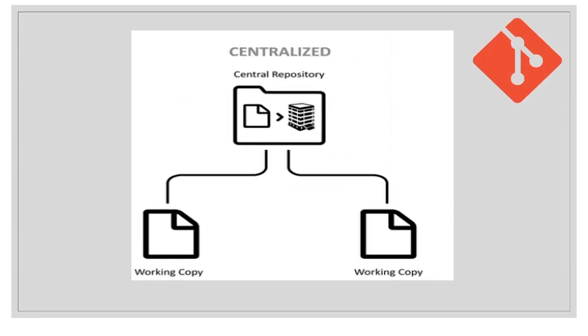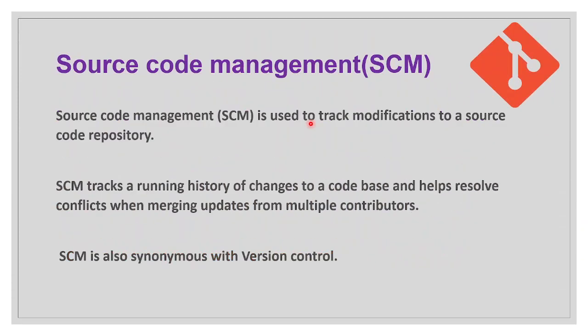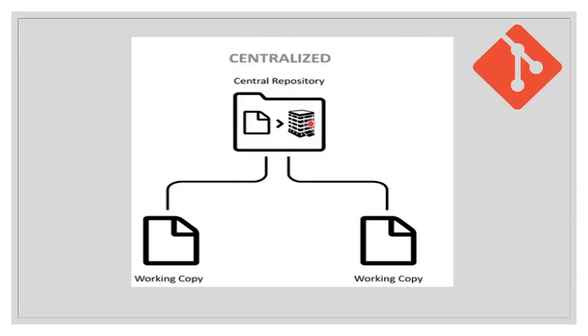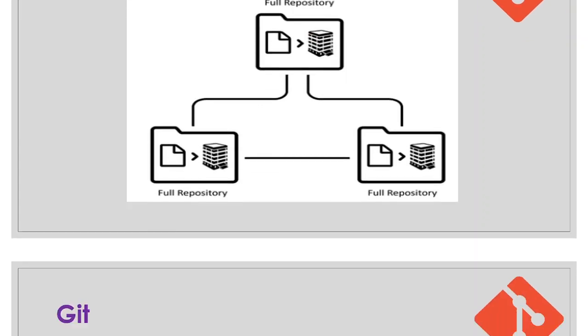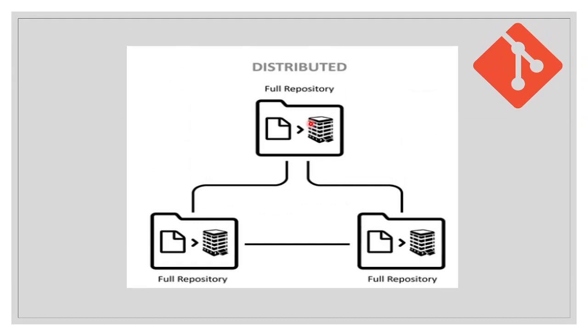What is distributed, what is centralized version control, and what is source code management? If I clone, we won't get the full repository, right? If you are cloning a repository, we will only get a particular feature branch, right?